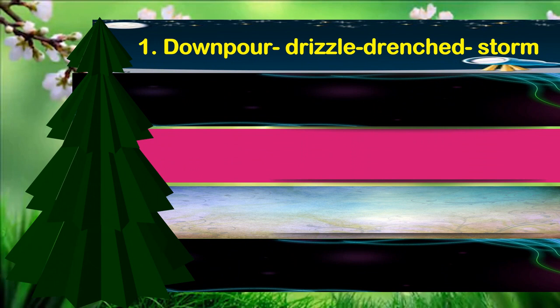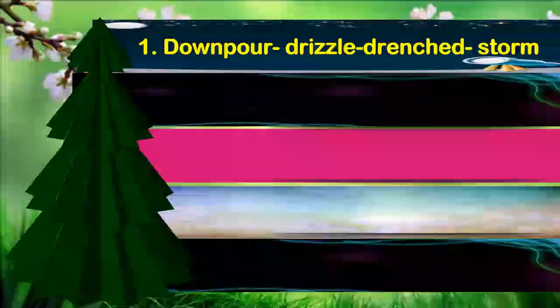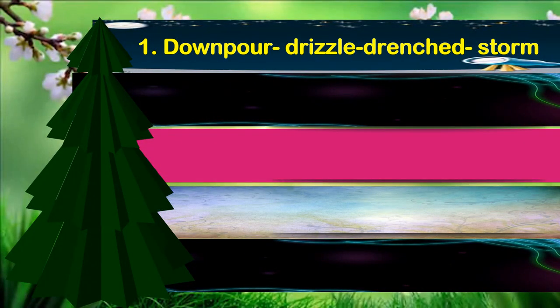So here are the words that you can associate with the monsoon. Downpour, drizzle, drenched, storm. If there is heavy rain, we can use the word downpour. And if it is raining a little bit, we can say drizzling.